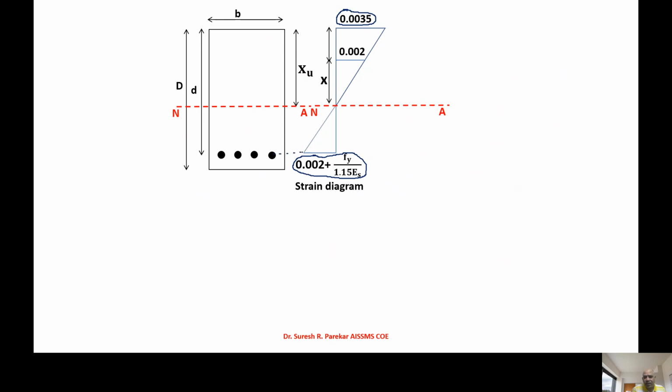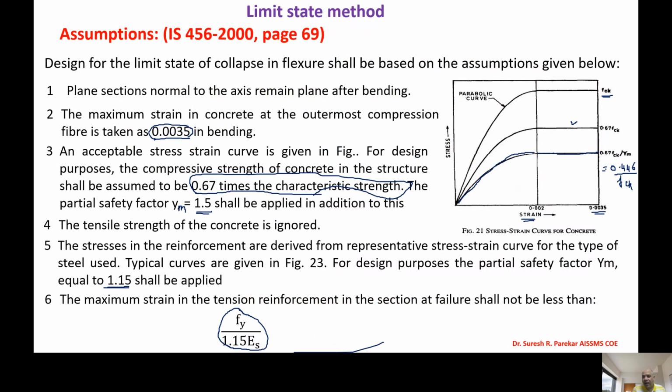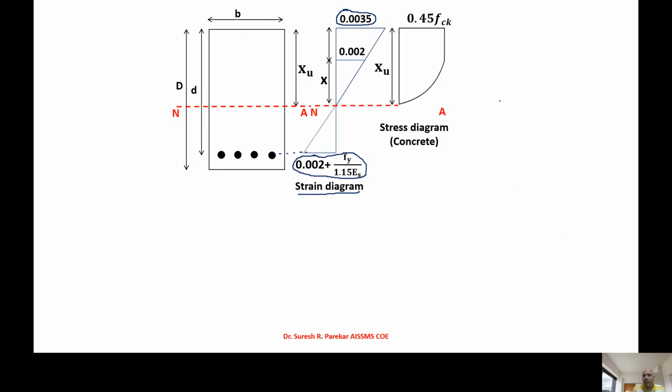So this will be the strain diagram, and you can see the strain diagram is linear. But in the stress diagram, we have a curve first, and then a straight line.